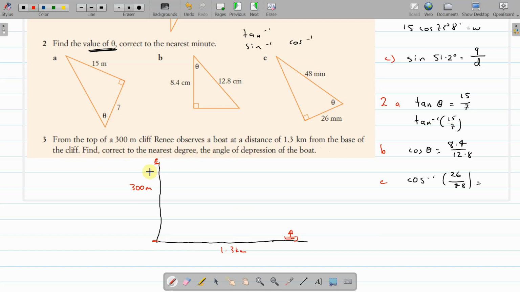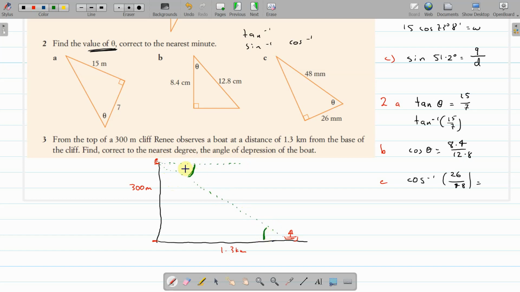So Renee, looking out and down, will be looking in that direction to see the boat. The angle of depression is the angle from if you look straight ahead, this angle here, which is actually the same as that angle there.